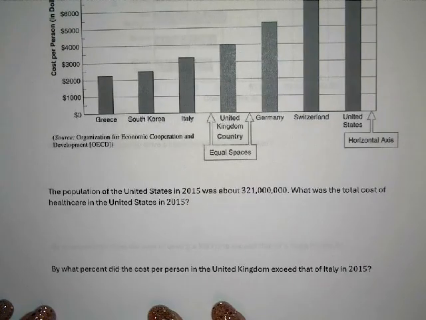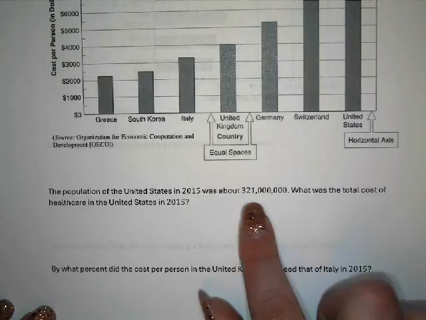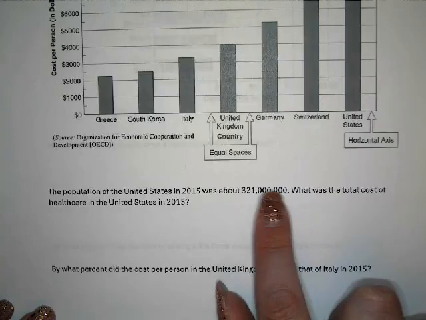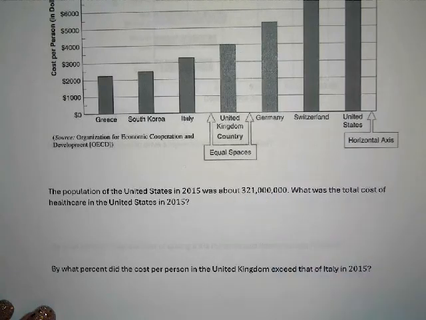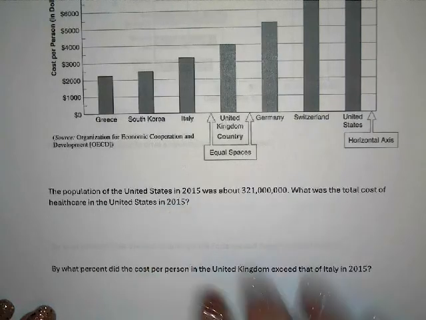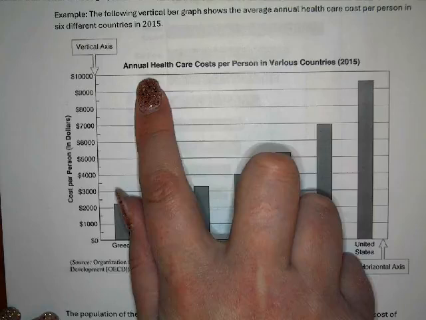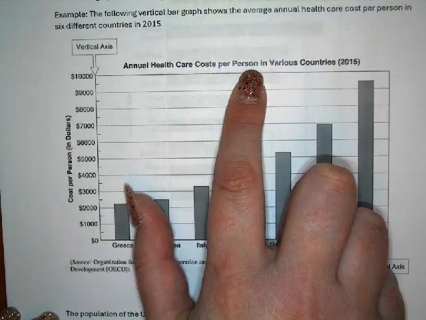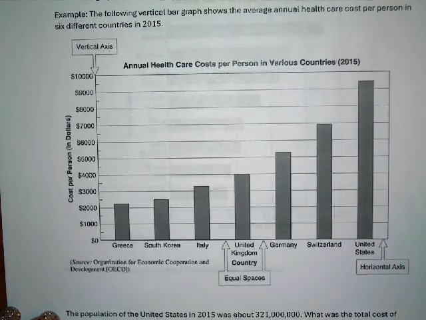This question says the population of the United States in 2015 was about 321 million. So hundreds, thousands, millions. What was the total cost of healthcare in the United States in 2015? This graph is the annual healthcare cost per person in various countries, so this is for an individual person, just one.